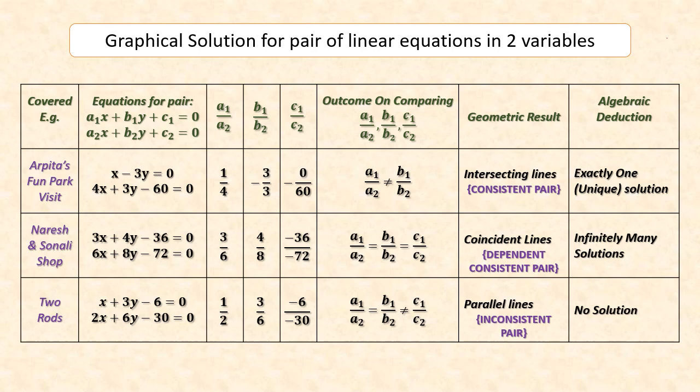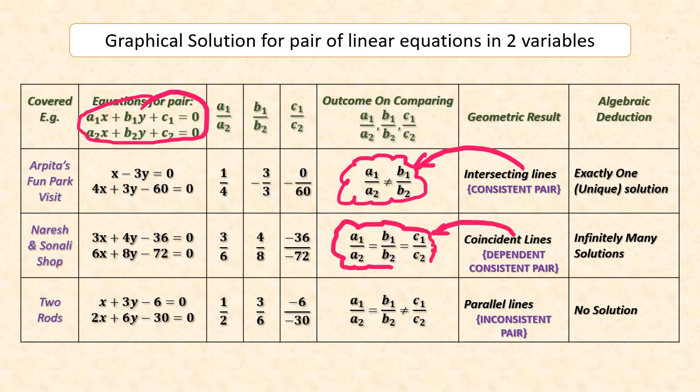Hence, if the lines are represented by the general form A1x plus B1y plus C1 equals 0, and A2x plus B2y plus C2 equals 0, then these are intersecting when A1 by A2 is not equal to B1 by B2. Coincident when A1 by A2 is equal to B1 by B2 is equal to C1 by C2.